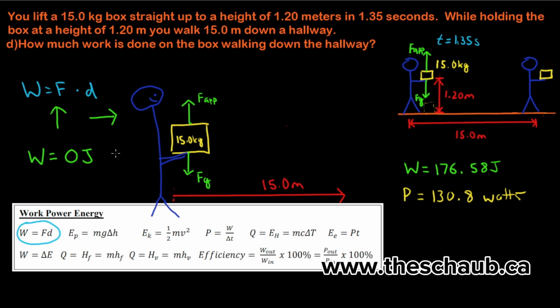So we only have 0 work done when we're carrying a box, applying a force upwards, and carrying it sideways down a hallway. So how much work is done on the box walking it down the hallway? We're doing 0 joules of work.